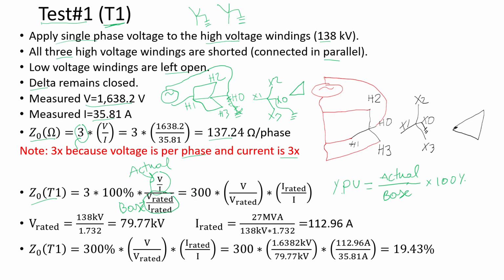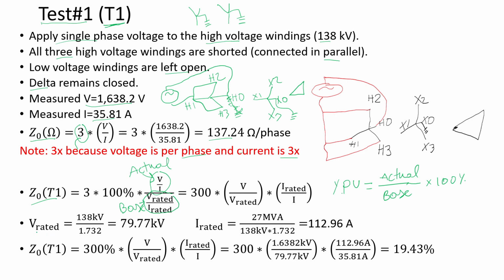So 3 times 100% is just 300. So if I rearrange this, measured voltage divided by the rated voltage times the rated current divided by the measured current.